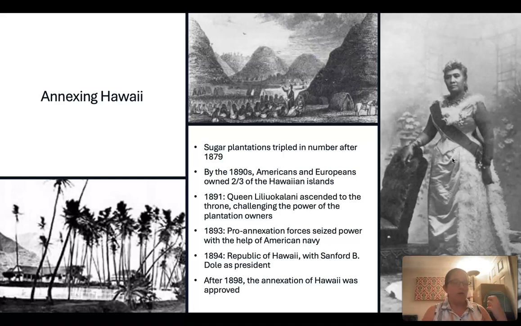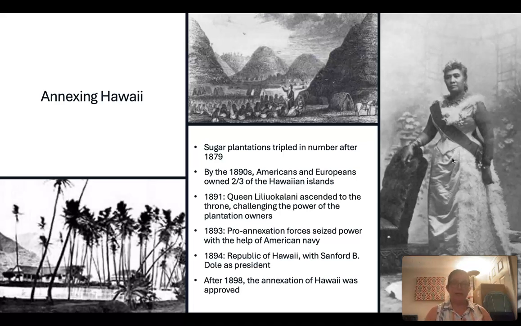In 1891, anti-American groups in Hawaii, groups who want to preserve Hawaii for its native population, bring a woman named Queen Liliuokalani to the throne. And she had, according to one American diplomat, extreme notions of sovereign authority. She ascends to the throne after her brother dies in 1891, and she's very interested in preserving Hawaii for the native peoples.